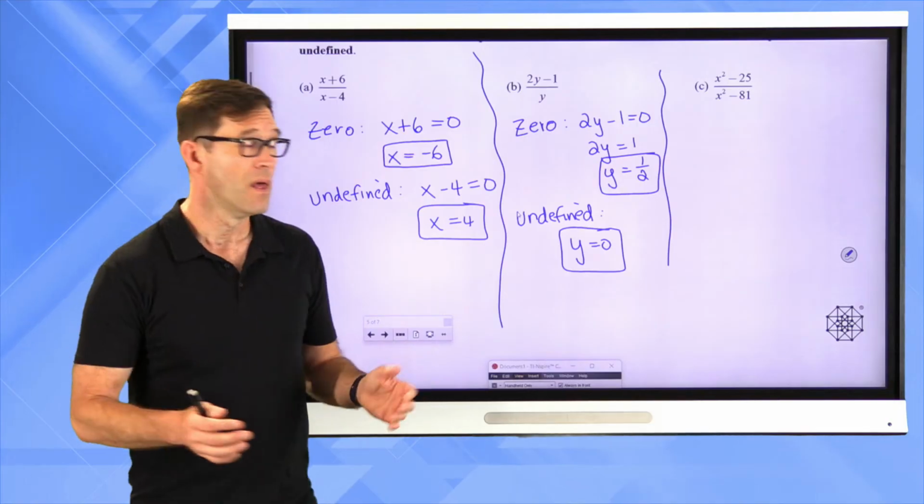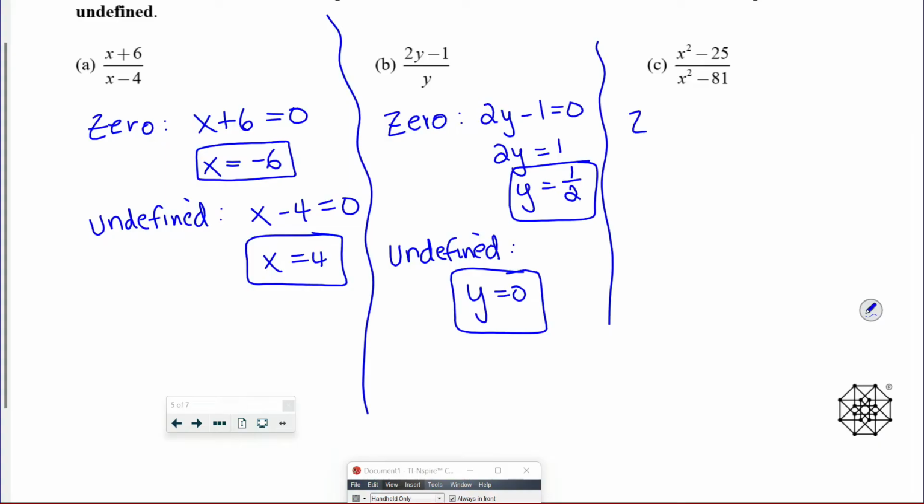All right, well, the zeros are going to occur where x squared minus 25 is equal to 0. And again, that's where x squared is equal to 25, and that will be either x equals positive 5 or x equals negative 5.